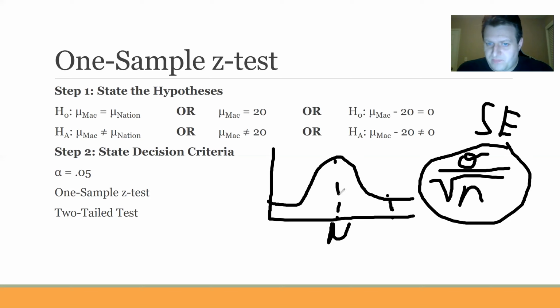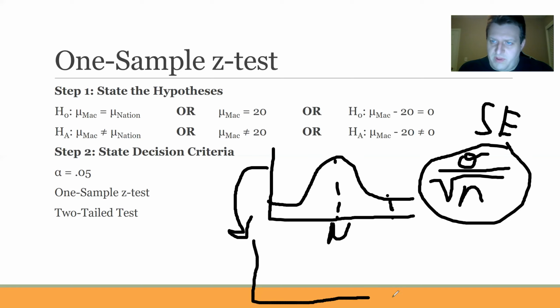But we could, very similar to what we do with z-scores when we do those problems, convert this, using a little bit of z-score magic, to the standard normal distribution.